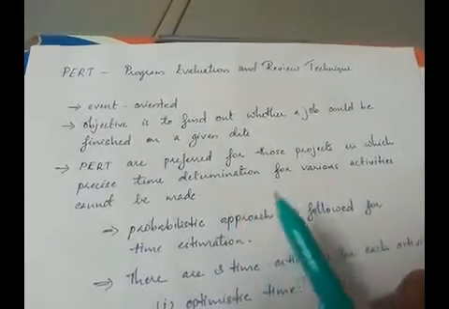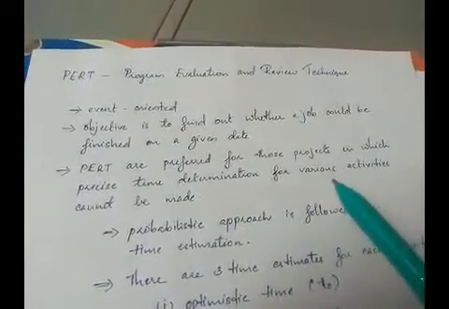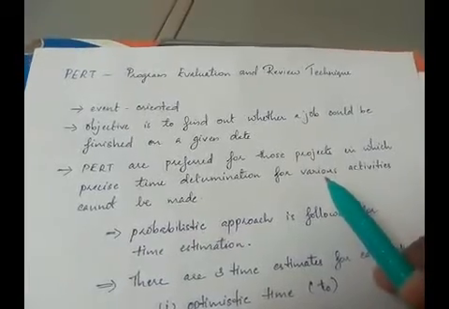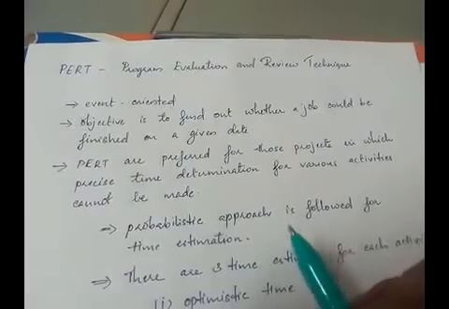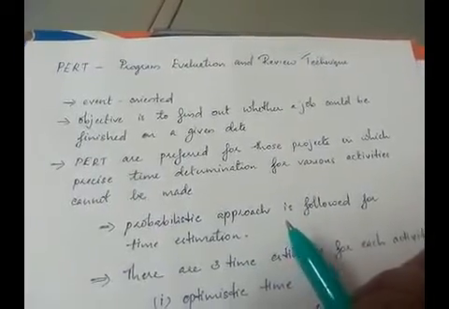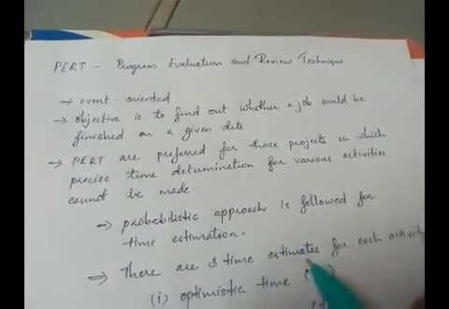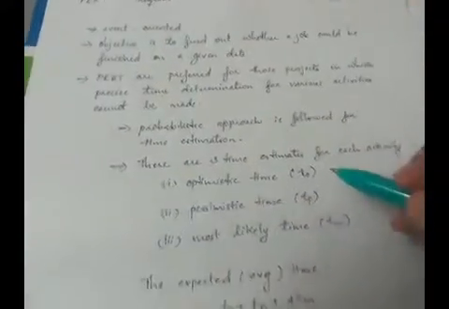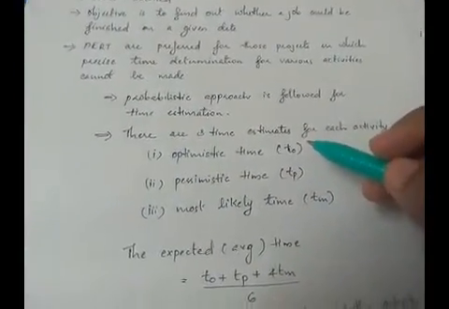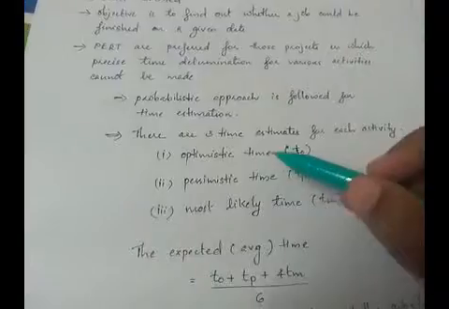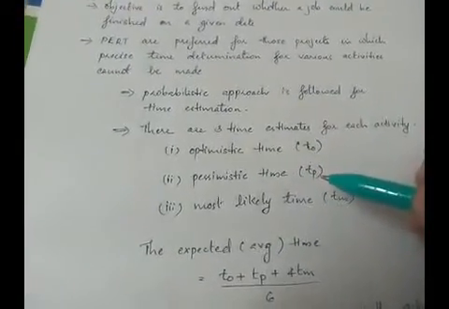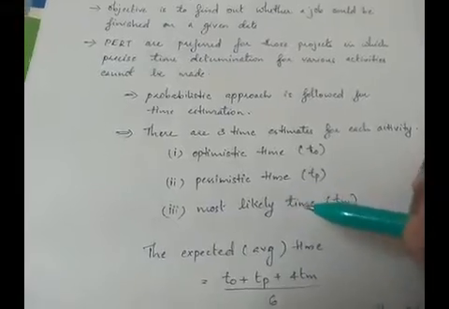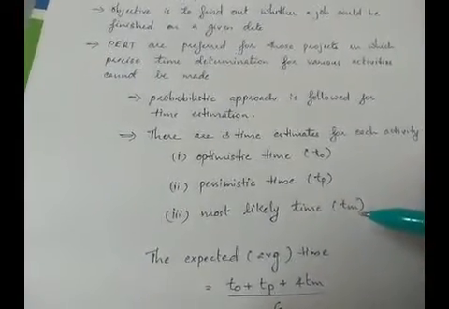Now since we don't know the activity timings precisely, a probabilistic approach is followed for time estimation. So we will be given 3 time estimates for each activity. The 3 time estimates are optimistic time represented by TO, pessimistic time represented by TP, and most likely time represented by TM.